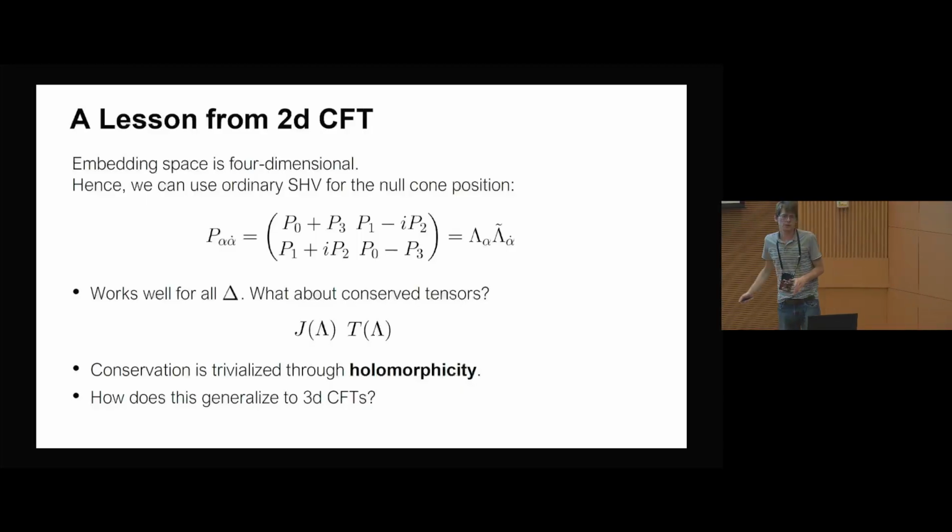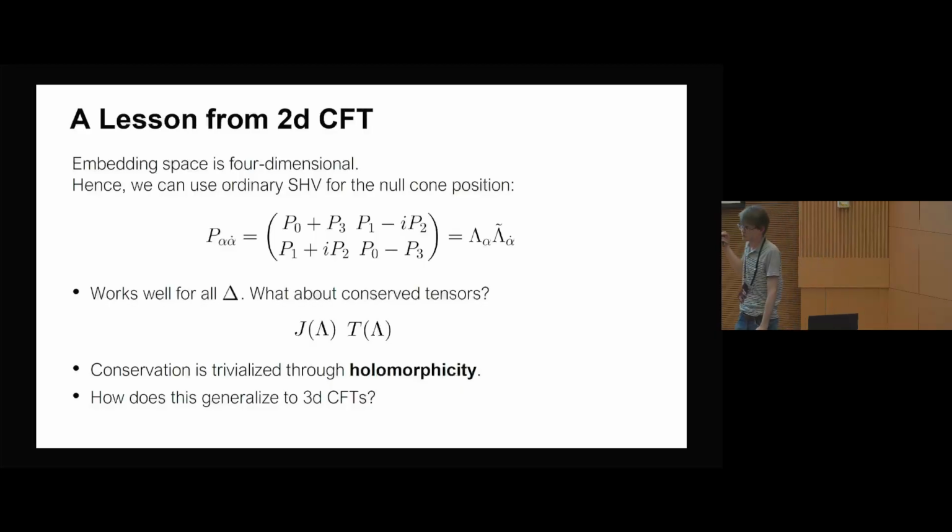Doing this procedure works well for all scaling dimensions, meaning for both conserved and non-conserved tensors. But there is something special that happens when we consider conserved tensors, which is that these tensors are actually holomorphic, in the sense that they only depend on one of these spinors, on lambda, and not on lambda tilde.